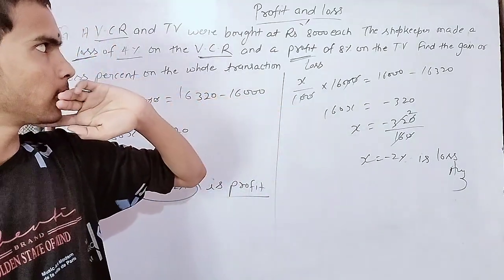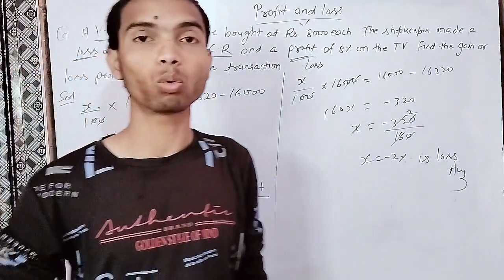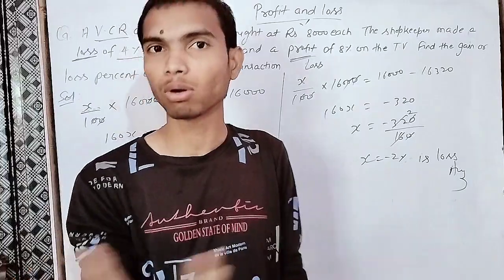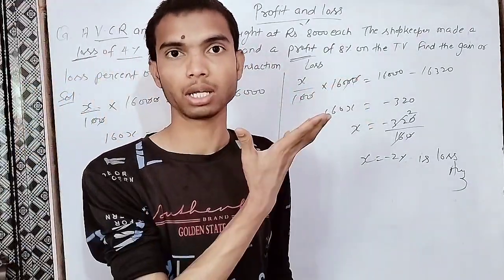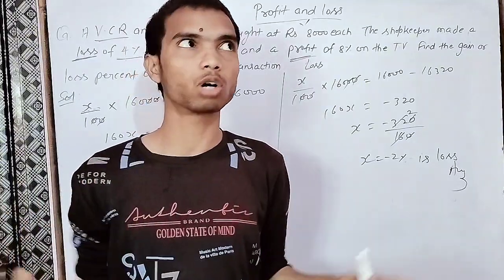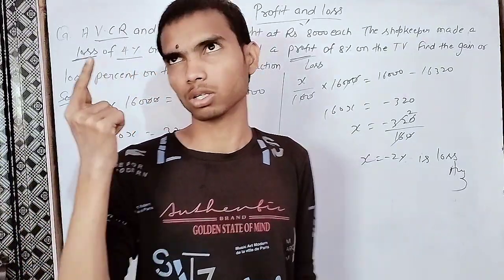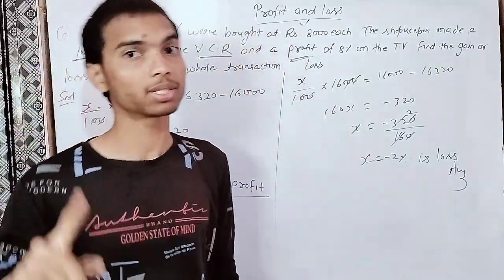Then we had the whole selling price of this share and the selling price of this share, which total is 16,320. This is the selling price.